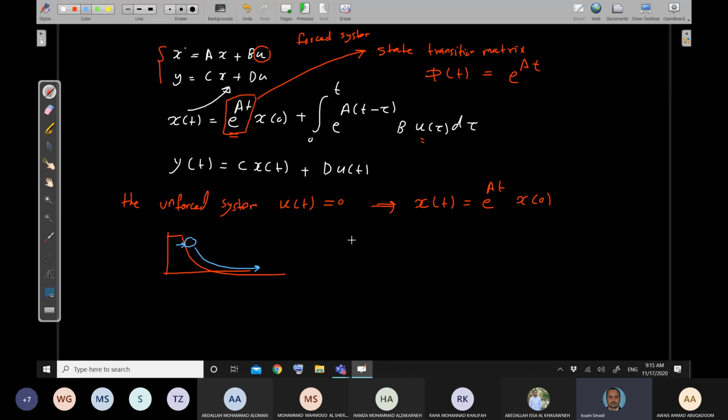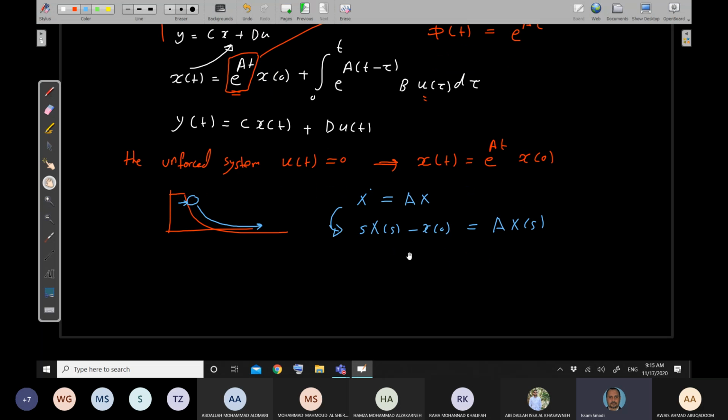So simply this means that x dot equals ax. I don't have any input. In the Laplace, S domain, what will I get? I will get S X of S plus x of 0 equals a X of S. Why am I keeping x of 0 here?